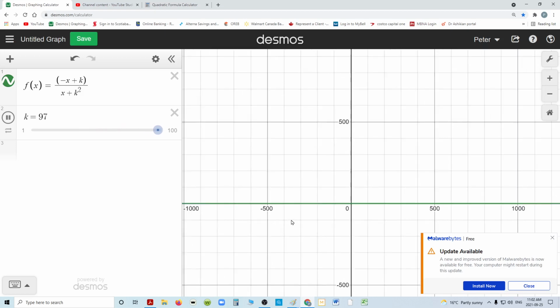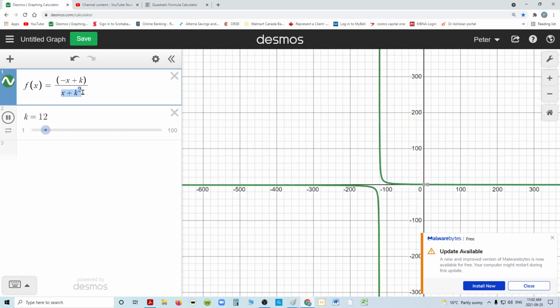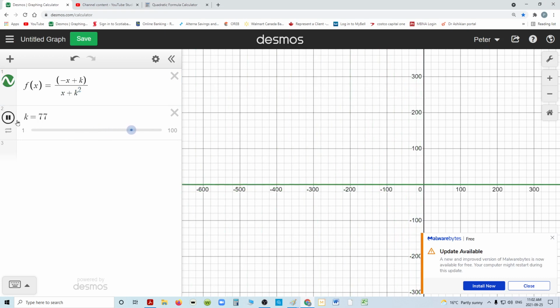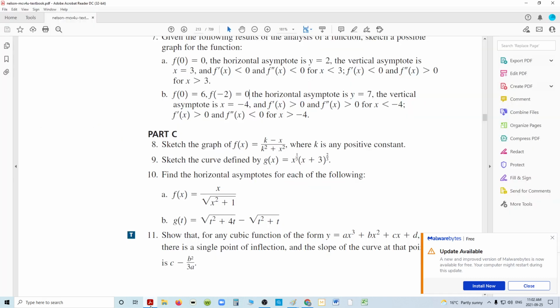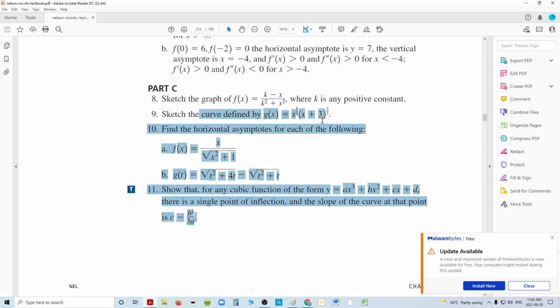Interesting that it only translates to the left. And that's because of plus k squared here. Obviously, when x is equal to negative k squared, that's when the asymptote happens. So sorry about botching it, but really, that's why I don't really care about the theoretical one. Sketch the curve defined by this.